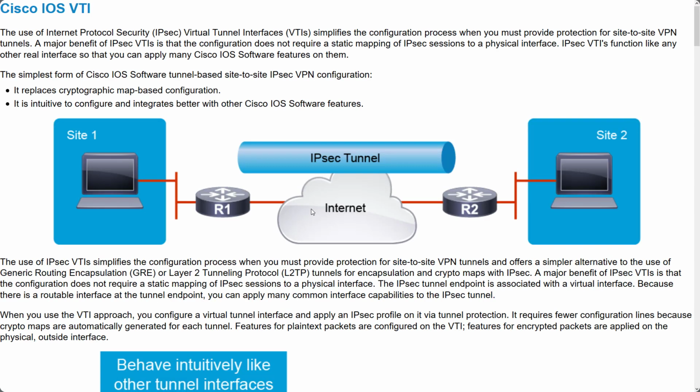All right. So our next topic, before we get into our discovery, is going to be discussing our VTIs, our virtual tunnel interface. This is a little bit of a longer discussion, also because we're going to be using our discovery to take a look at how we configure a Cisco IOS VTI.